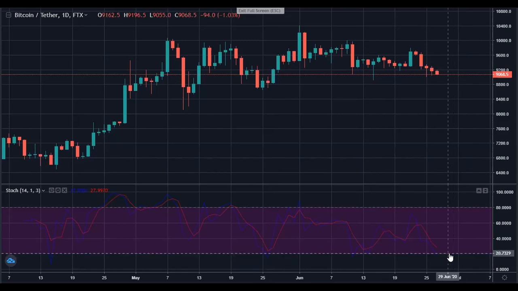The next thing that happens whenever the price of a coin is at the oversold region is that it will move in reverse, and the reverse means it will start going up.